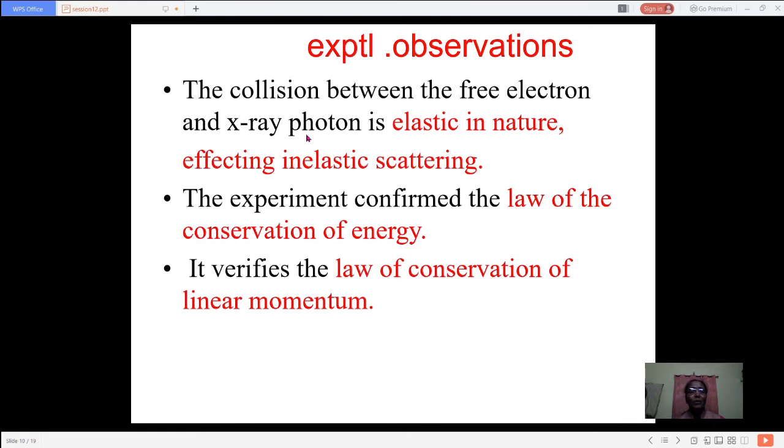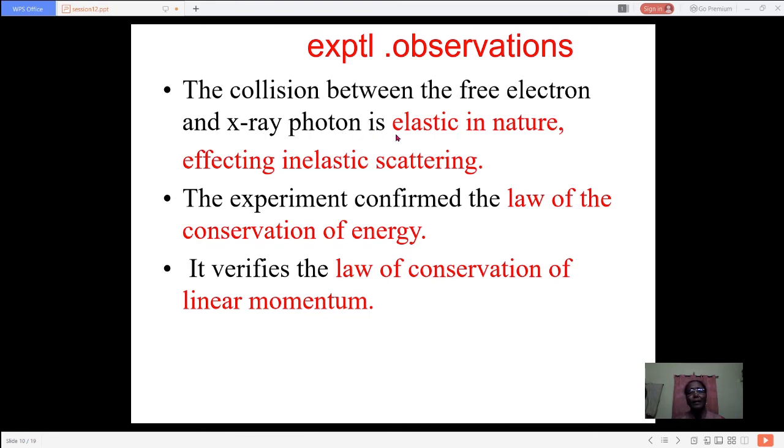As I have told you, suppose there is a free electron. This free electron is supposed to be stationary, at rest. X-ray, being electromagnetic radiation, is now considered a photon of energy.